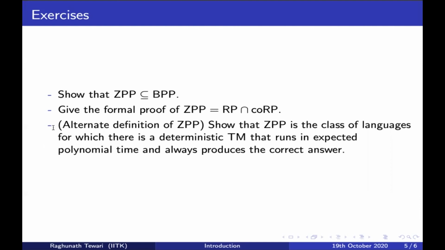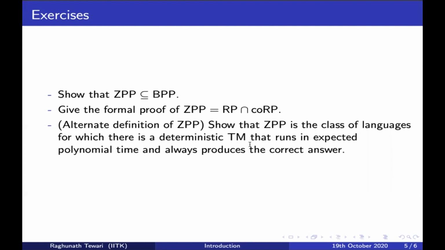The third exercise, in fact the most interesting exercise, is to show this alternate definition of ZPP. One can alternatively define ZPP as the class of languages for which there is a deterministic Turing machine that runs in expected polynomial time and always produces the correct answer.